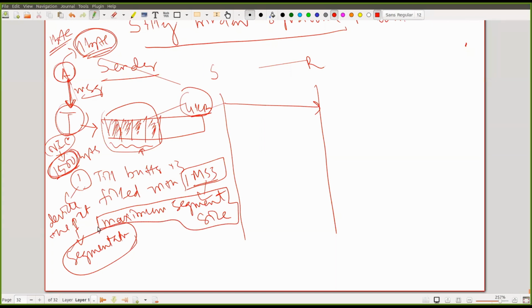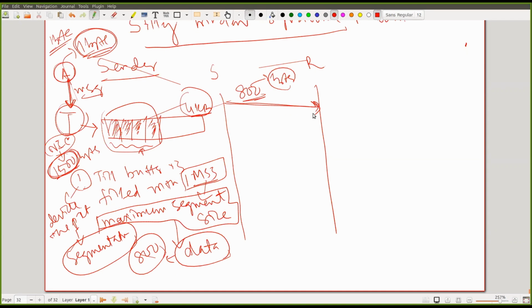So what is the maximum segment size? It tells what is the maximum size of data that can be present in a packet when it is sent to the network. For example, if my maximum segment size is 800, that means I can send a packet which carries 800 bytes of data into the network in one go, not more than that.